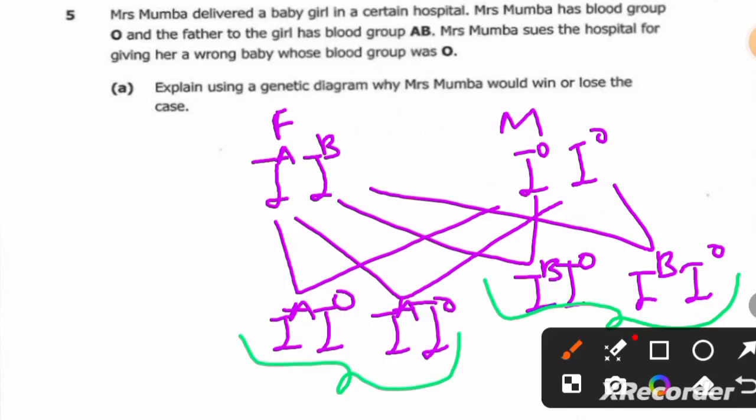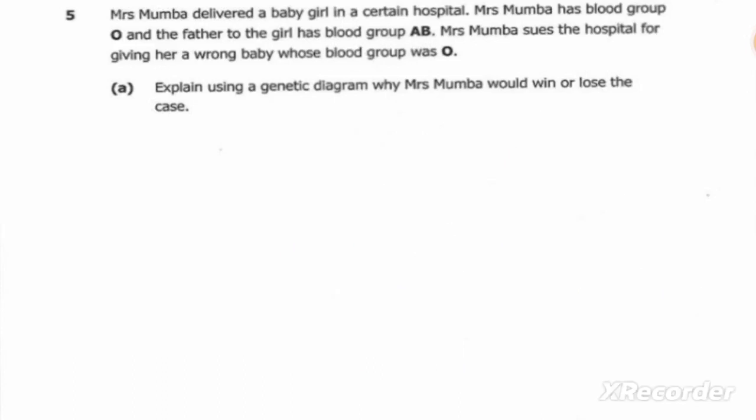According to genetic crossings, there are no possibilities of this couple having a child with blood group O. Okay, there are no chances. So Mrs. Mumba would win the case. The question is carrying 8 marks, even though it is not indicated here.